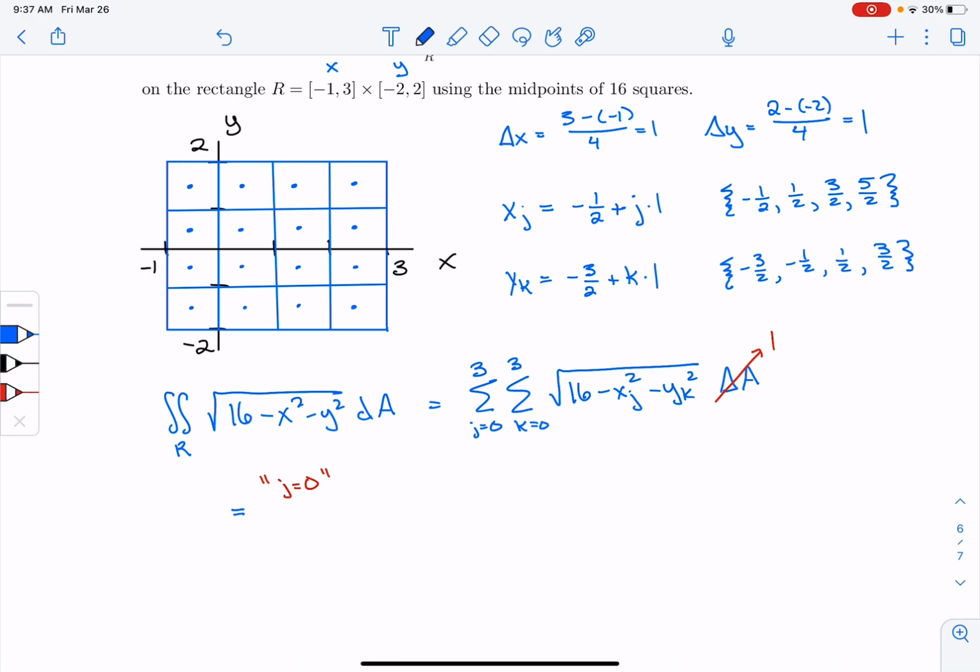Then that's going to be the square root of 16 minus negative 1/2 squared minus the first y, negative 3/2 squared. So that corresponds to j being 0 and k being 0.